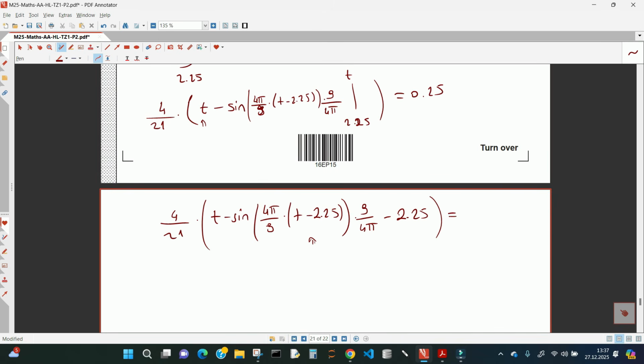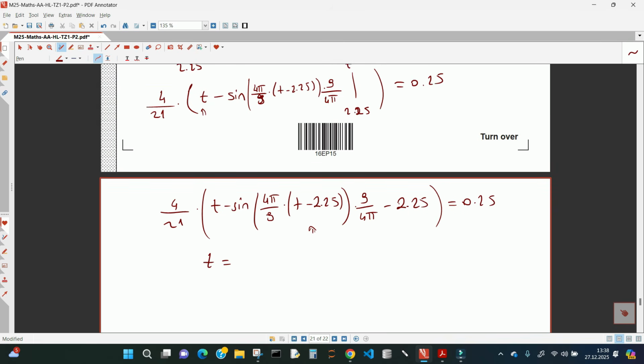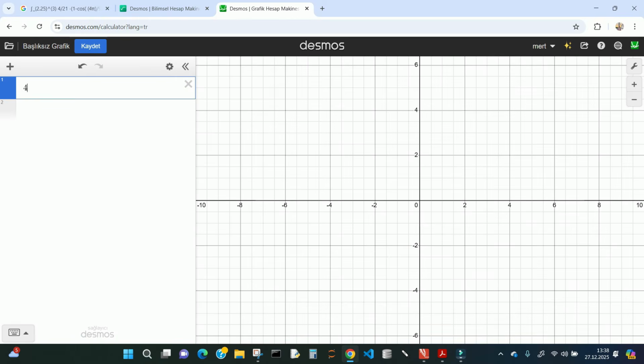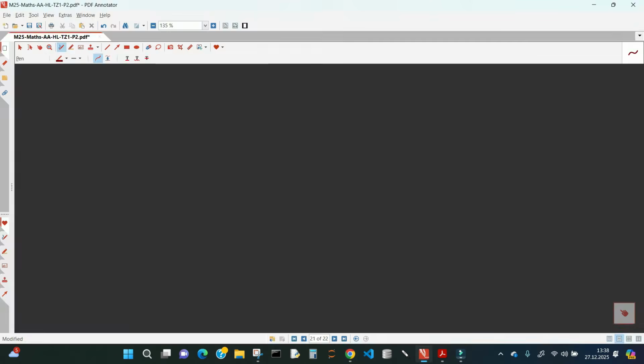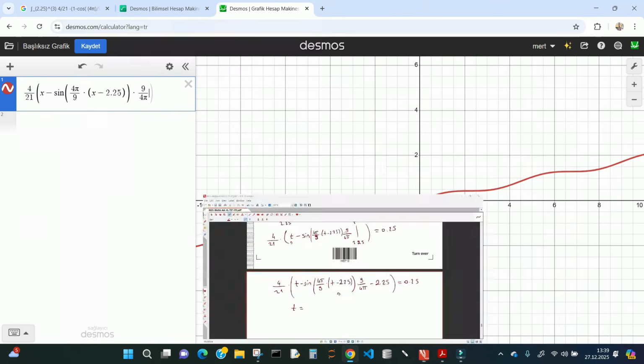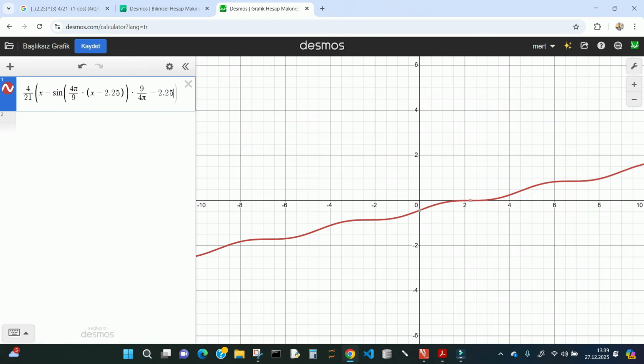So we're gonna find the value t from here. To do that, I will draw the graph of this function and try to find the intersection: 4 over 25, x minus sine 4 pi over 9 times in parentheses x minus 2.25, times 9 over 4 pi, minus 2.25.